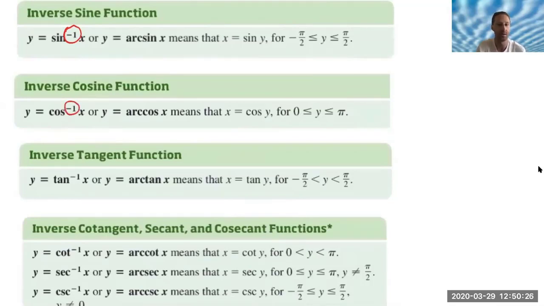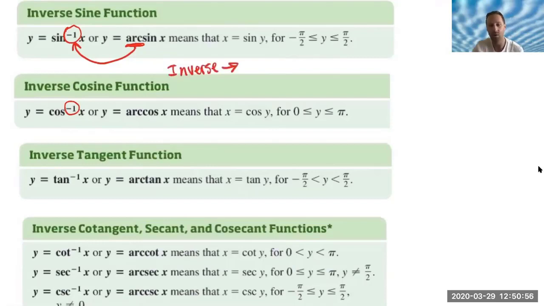But because that can be a little confusing and we have a lot of weird types of things that we use with trig, like radian measurements and pi and things like that, they also created this thing called arc, which is another way to say the inverse. So whether you see the -1 power after your trig function or arc in front of it, that means that we're finding the inverse.